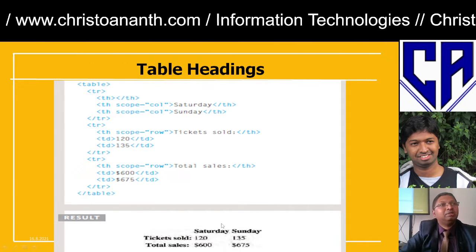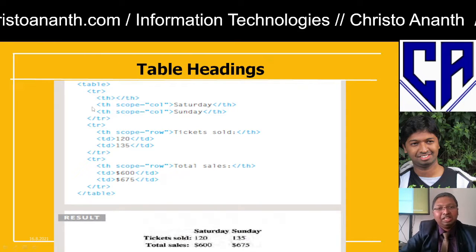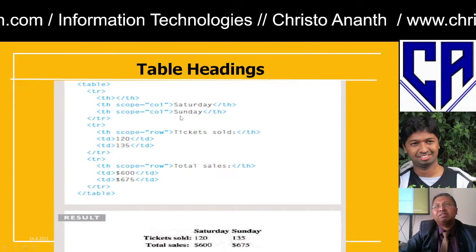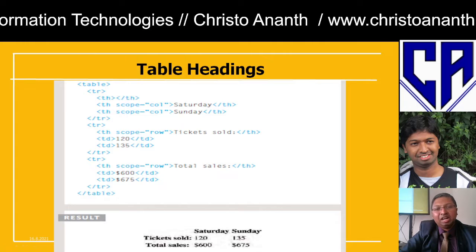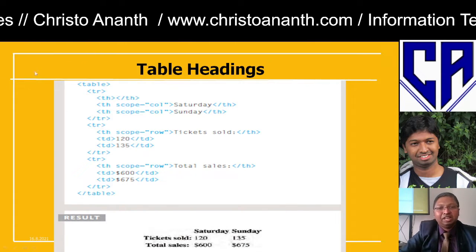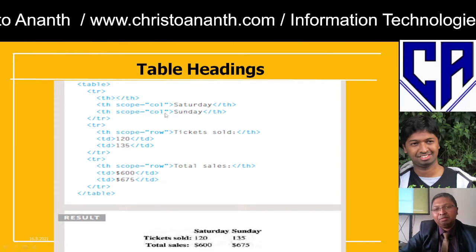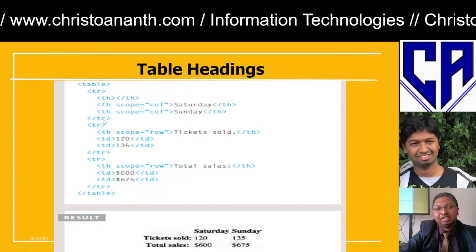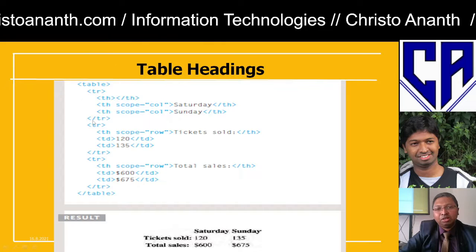Saturday and Sunday are nothing but the column headings. Scope row is the row heading. So th scope col means it is a column heading. You close the table row.